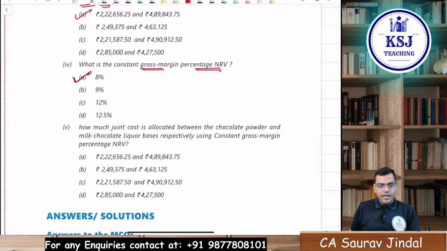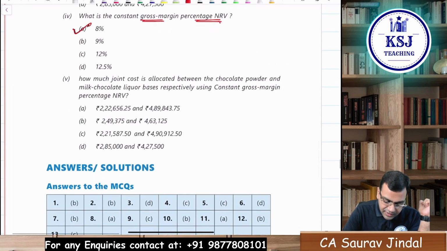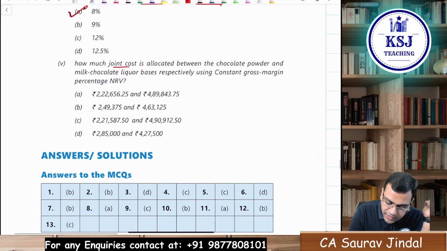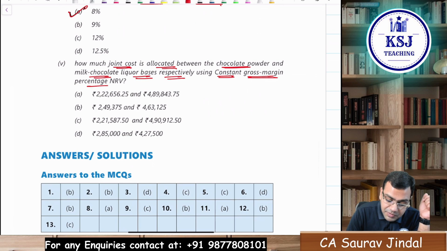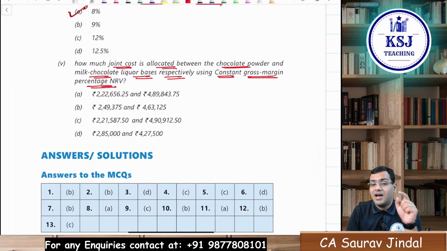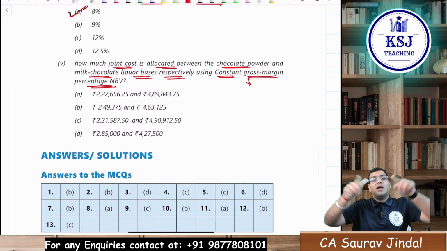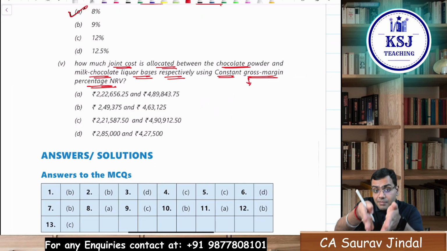Right, option A. Coming to the last one, he says, how much of the joint cost is allocated between the chocolate powder and milk chocolate liquor bases respectively using the constant gross margin percentage NRV. So they say the NRV is given, the profit margin is given.